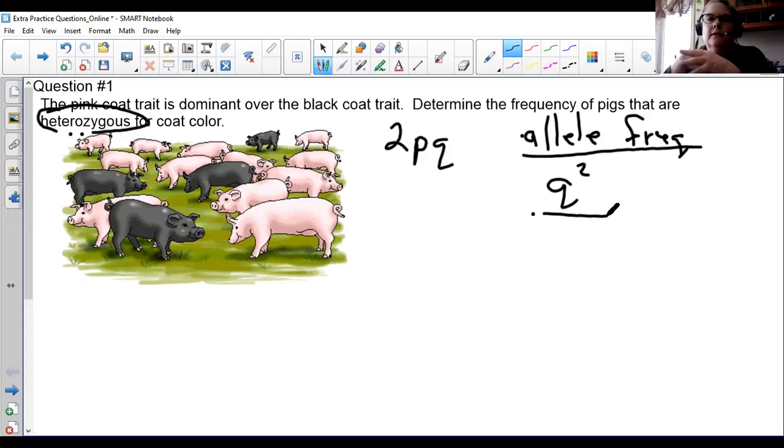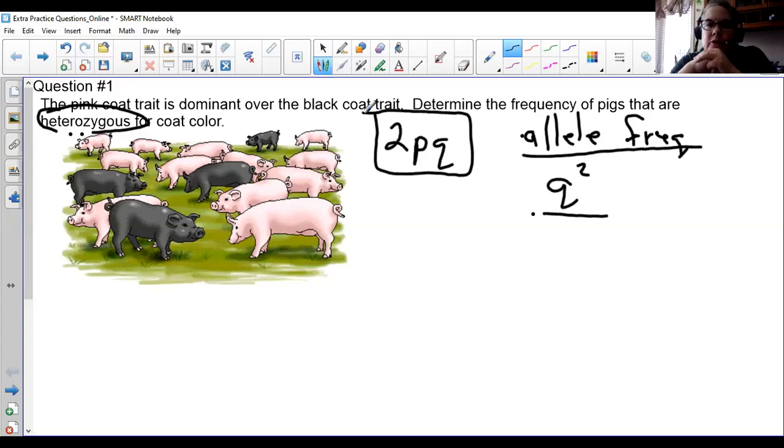Any suggestions? Using the chat, any suggestions with how I'm going to figure this out? What would be my first step? In order to calculate heterozygous, 2 times P times Q, I need a P or a Q. So what am I going to do?